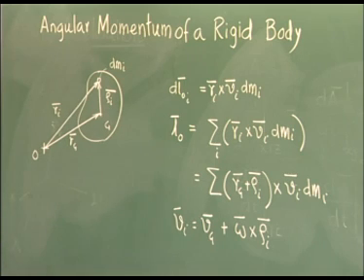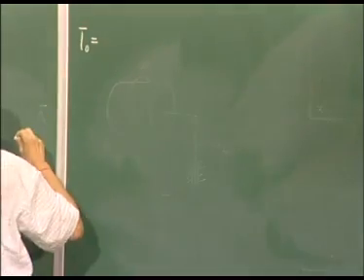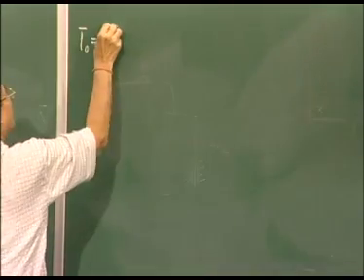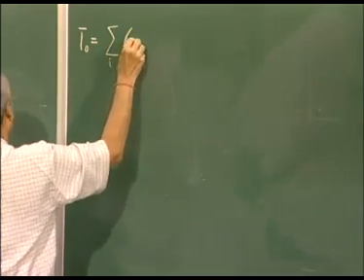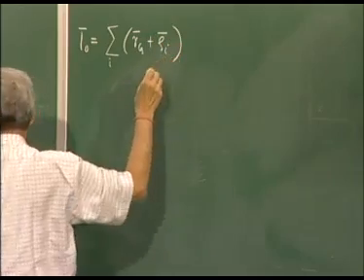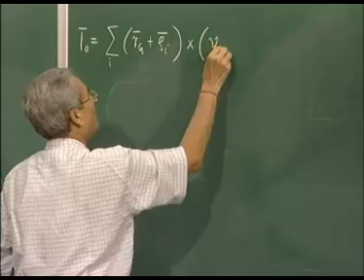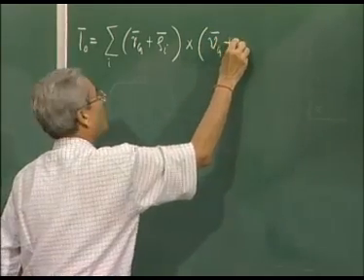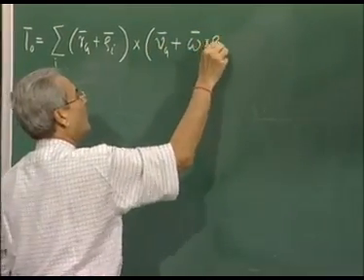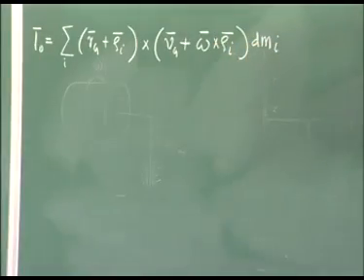If you substitute this, then the angular momentum about point O will be given by, so, it is a straight substitution of the V_i term there.